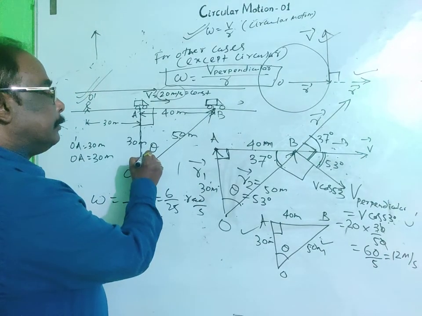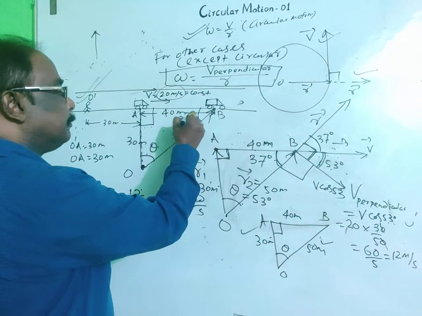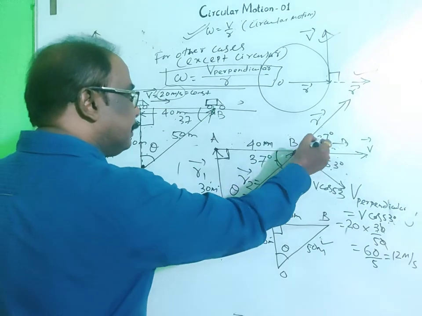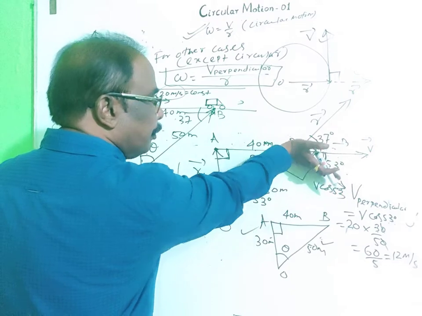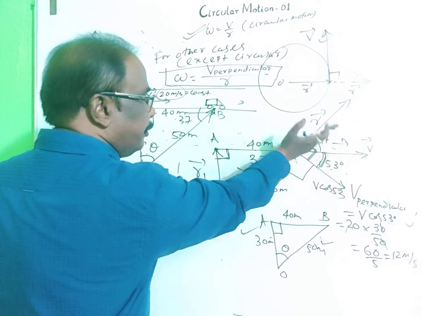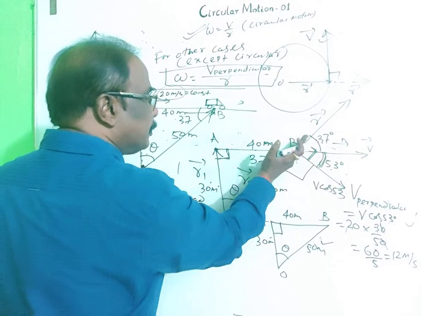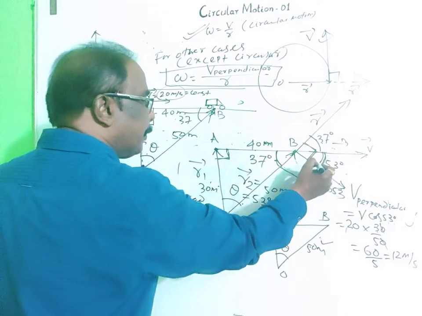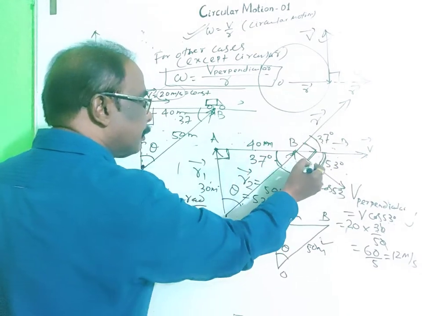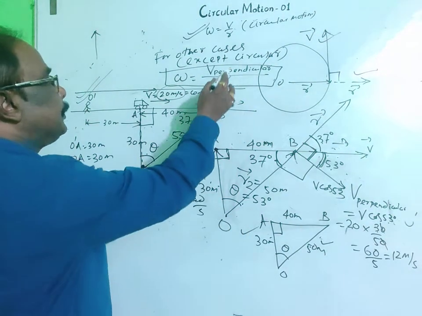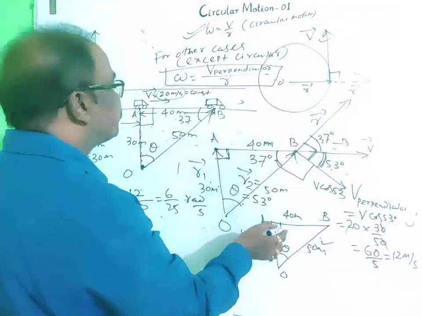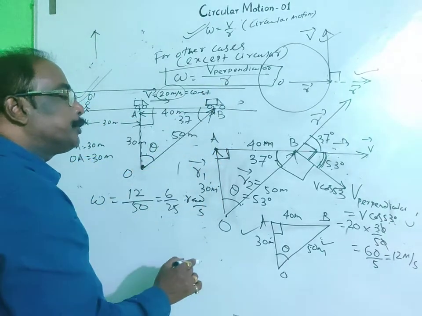This is 53, this is 37. So the opposite angle is 37, and this angle is 53. So this is V cos 53, this is V sin 53. We need the perpendicular component to the radius or position vector. Then omega is equal to V perpendicular divided by the magnitude of the position vector.